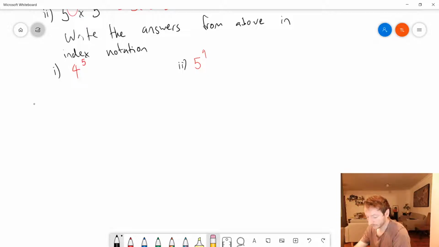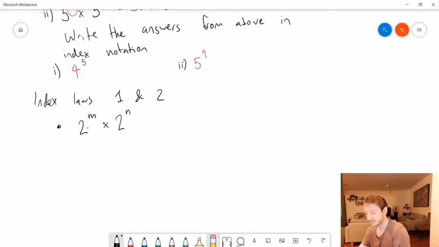So, index laws 1 and 2. So we'll say 2 to the power of m, so any number, times 2 to the power of n equals 2 to the power of m plus n.